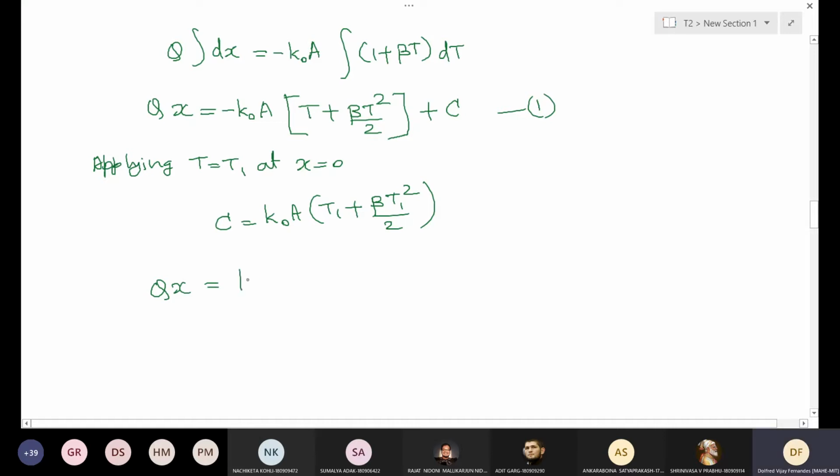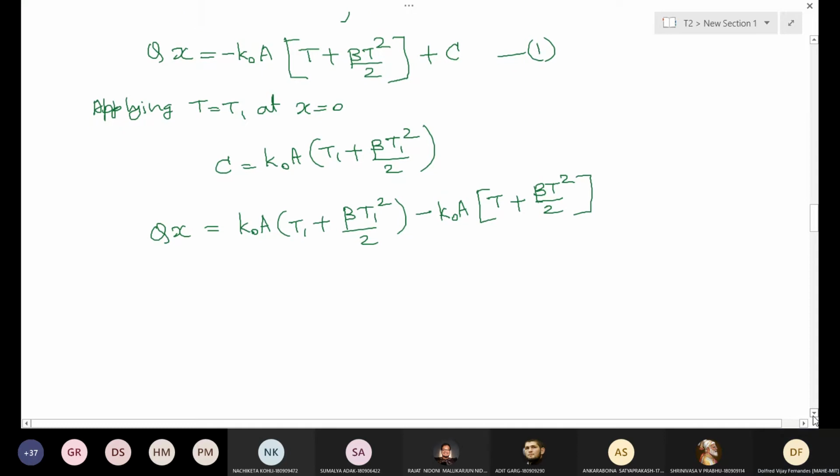So I will write C first: K0 A into T1 plus beta T1 squared by 2, then minus K0 A into T plus beta T squared by 2. Now we can simplify further.